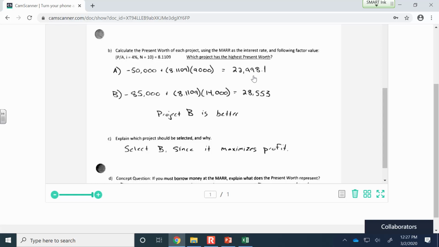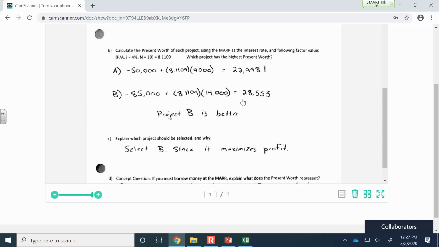$22,998. But project B gives us a higher overall profit rate. Even though it has an initial higher cost, you're also getting additional revenue each year. And so the sum of the present worths for option B is 28,553.